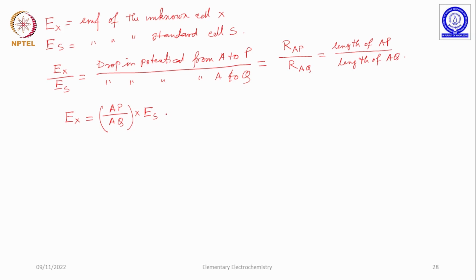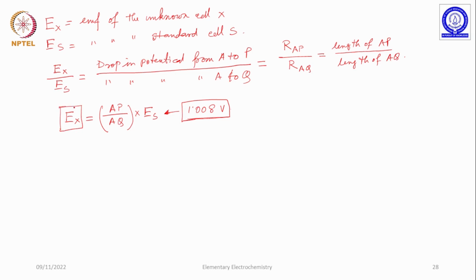So, if we know the EMF of the standard cell, suppose the value is 1.008 volt or something, this is used as a standard value for one particular cell, and one can use that particular cell to determine the EMF of any unknown cell that you may be forming.